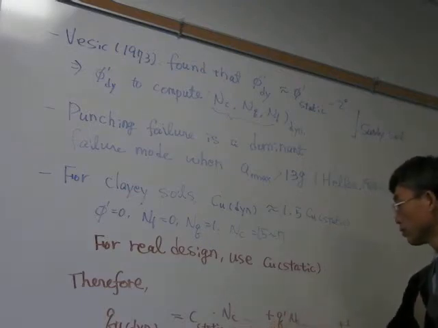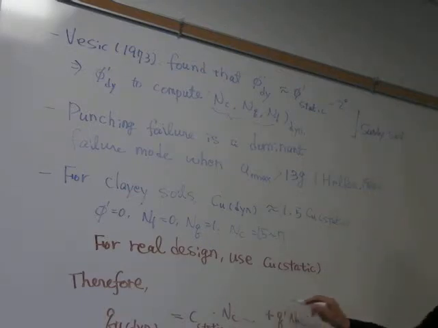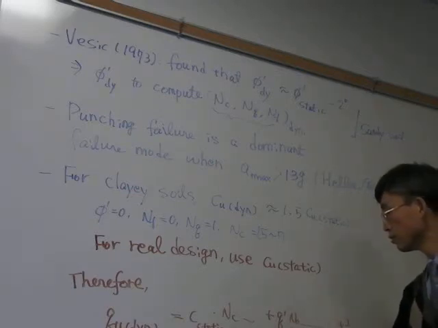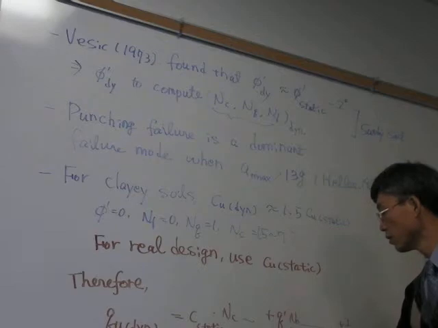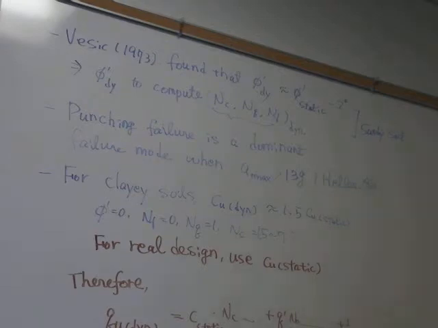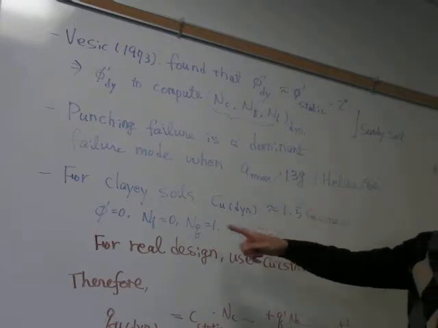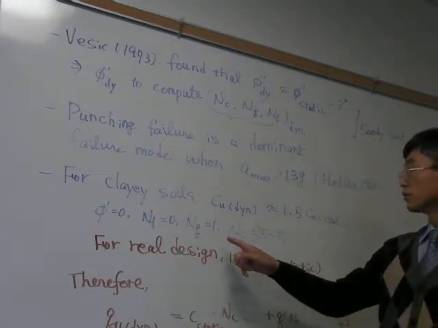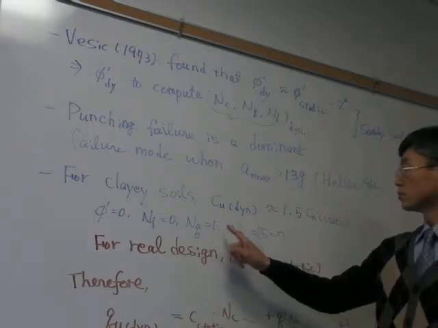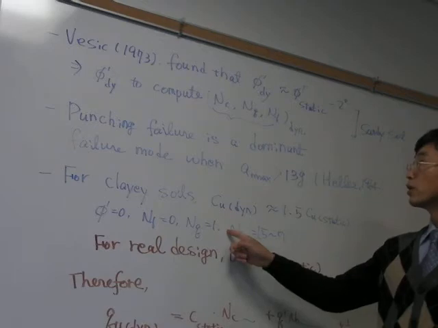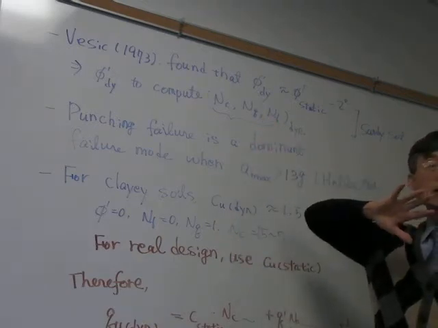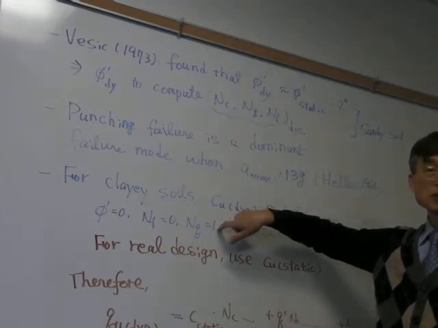To find out those bearing capacity factors, it's better to use phi dynamic. Of course, when you have fat clay soils, phi is essentially 0, then you have only the two terms. Then you don't have to worry about the phi. If you have quite clean sandy soils, you don't have to worry about C because it's essentially 0.